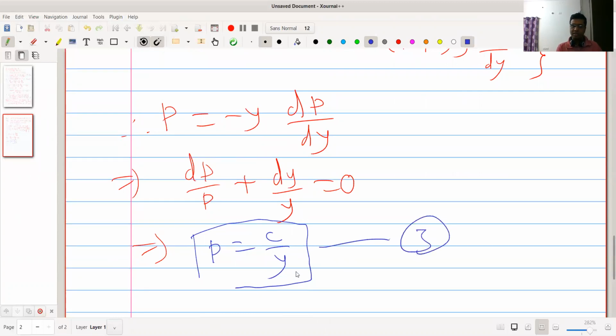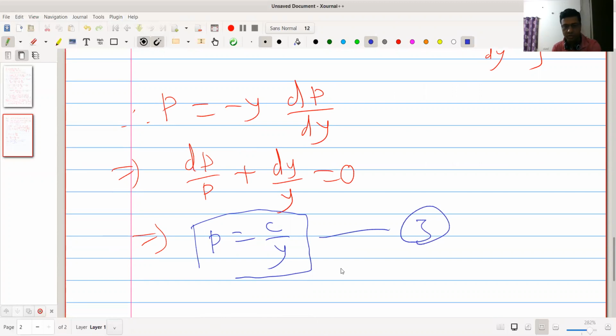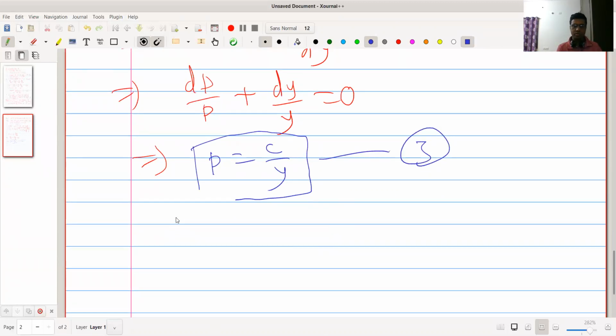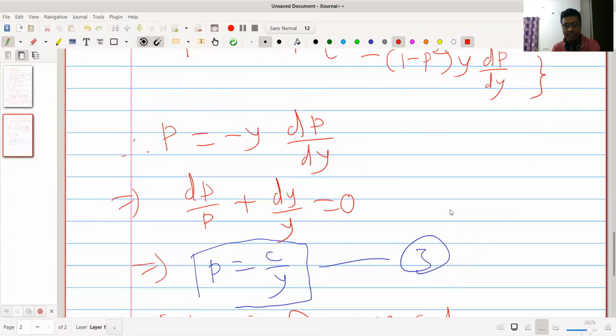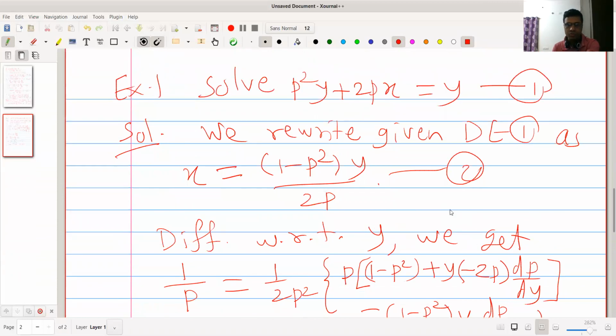So here we get an explicit value of p. So we substitute 3 in 2. So what is 2? 2 is x equal to (1 minus p square) into y upon 2p.